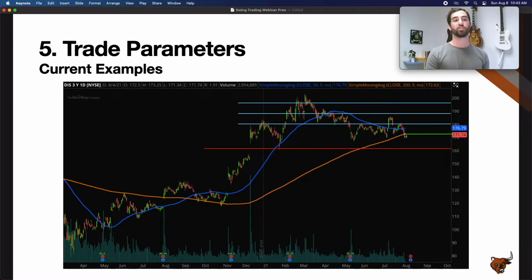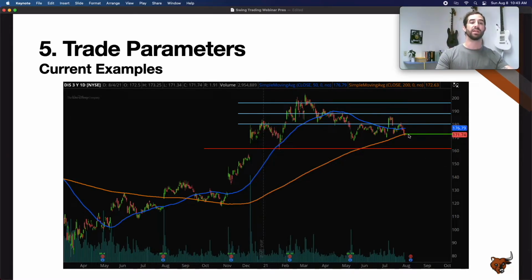Guys, remember, these are trades that are going to take days, weeks, or even months to develop. So we have time to see what's going on, look at the trade, see how it's behaving, add into our position, scale out. We're going to have time to operate.